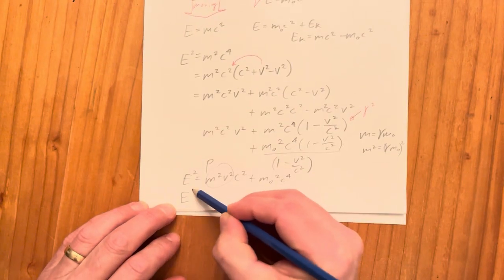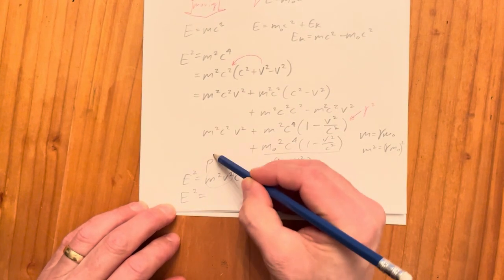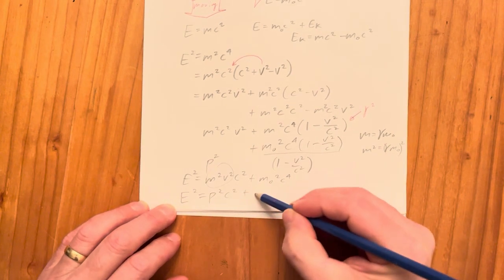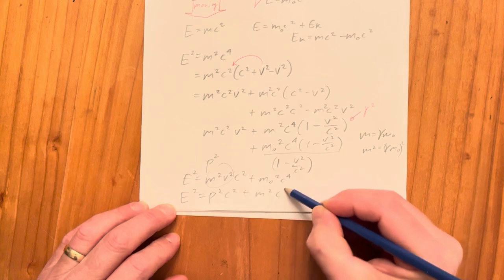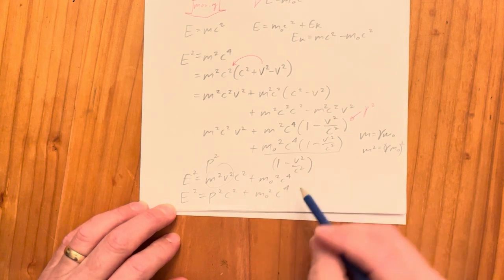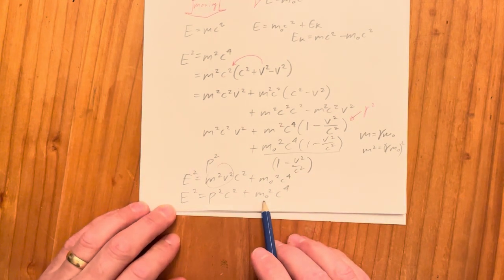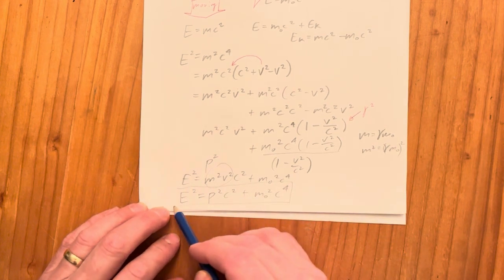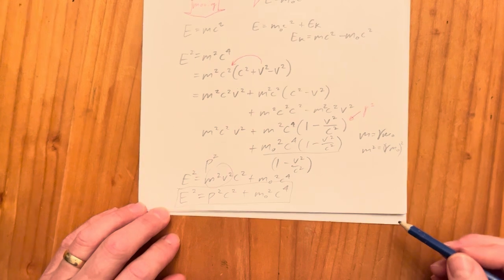So we're going to say E squared is P squared c squared plus m squared c to the fourth, but this has to be rest mass here, and this is your momentum. And this is how you get to Einstein's energy equation.